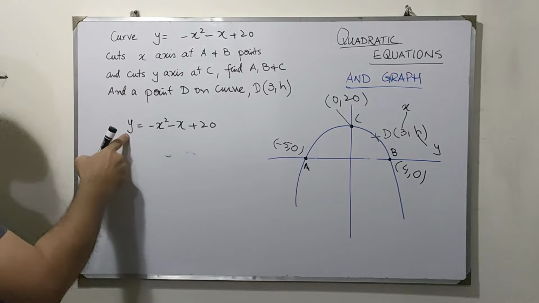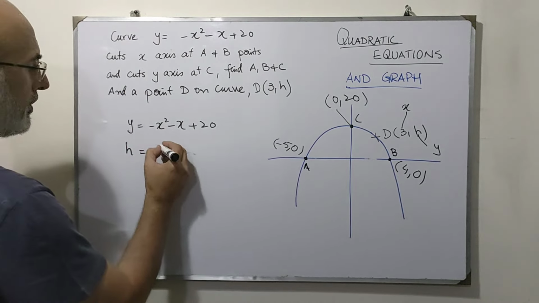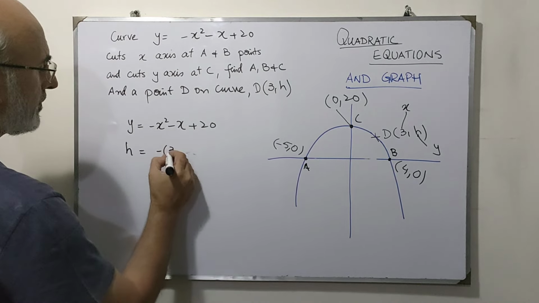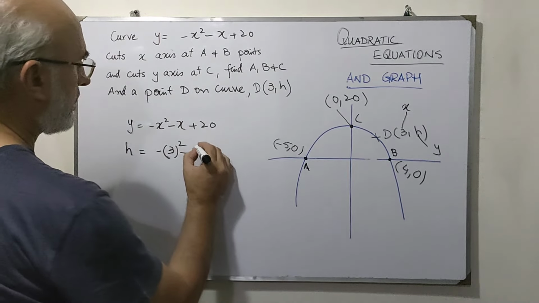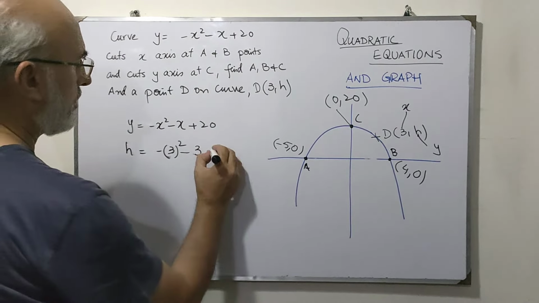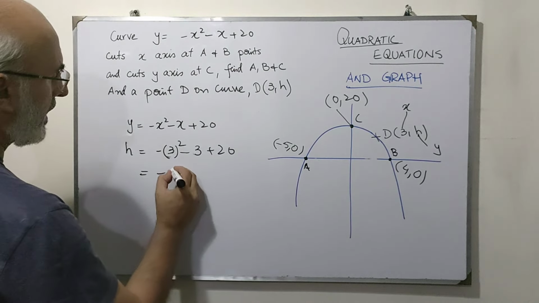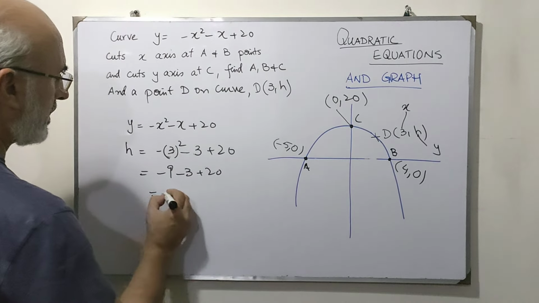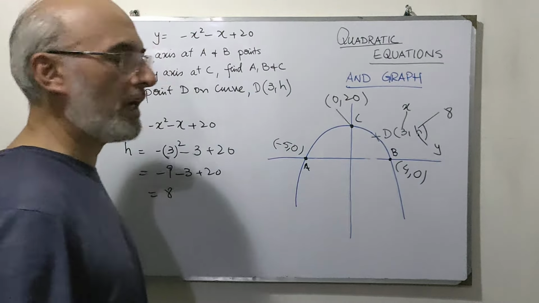So instead of y, I'm going to write here h, and for x, minus 3: minus 3 square minus, minus 3 plus 20 is equal to minus 9 minus 3 plus 20, so it is 8. So the value for the h is 8. So we have our point.